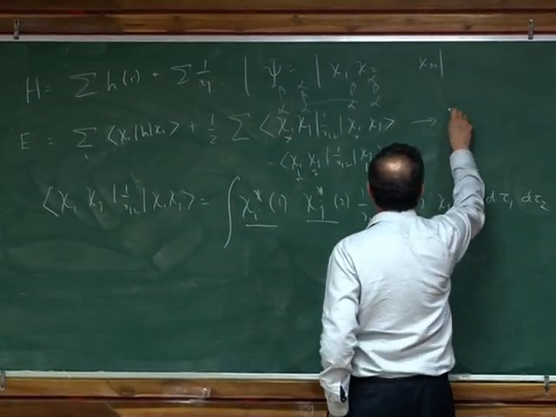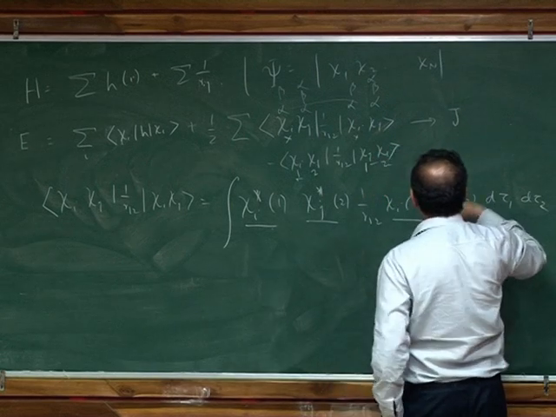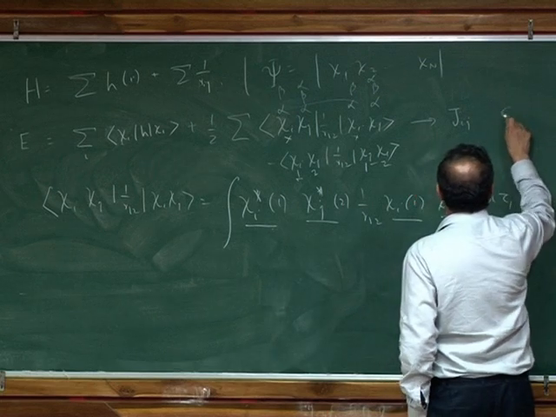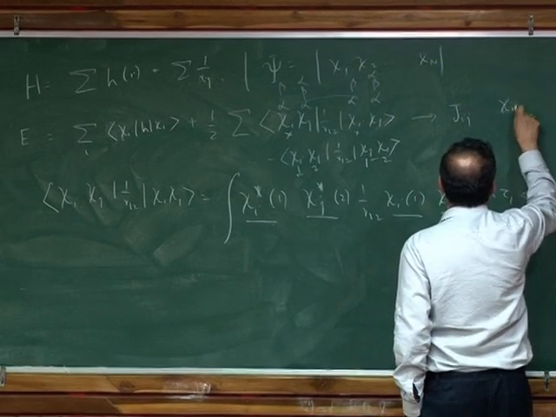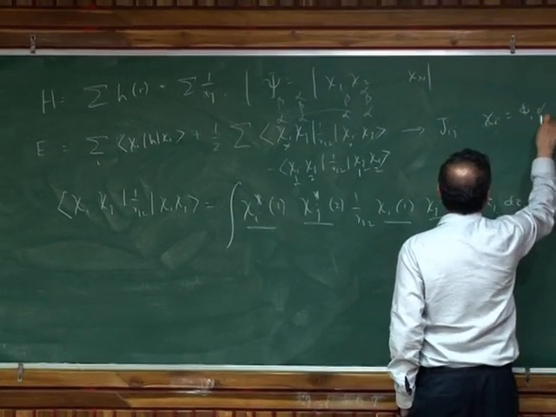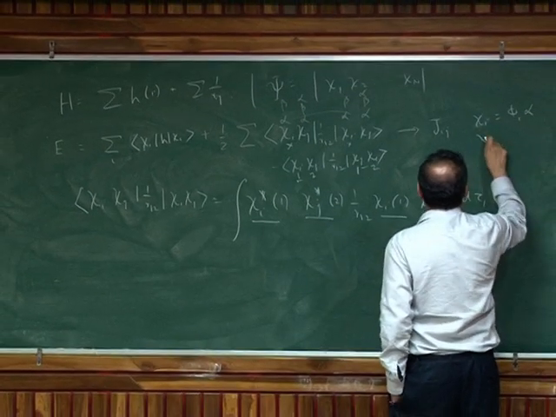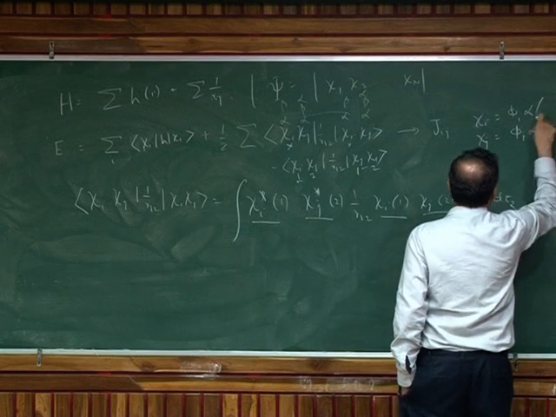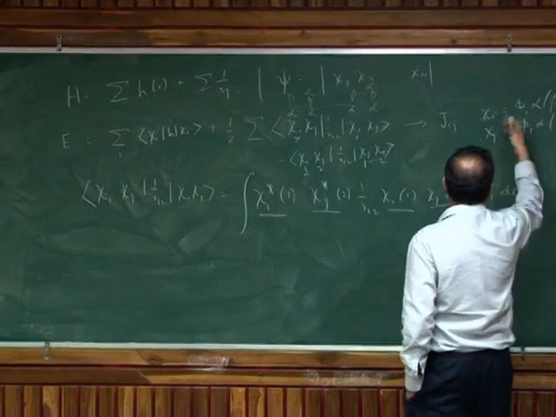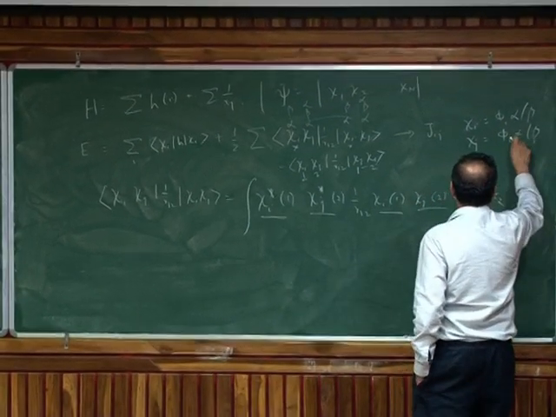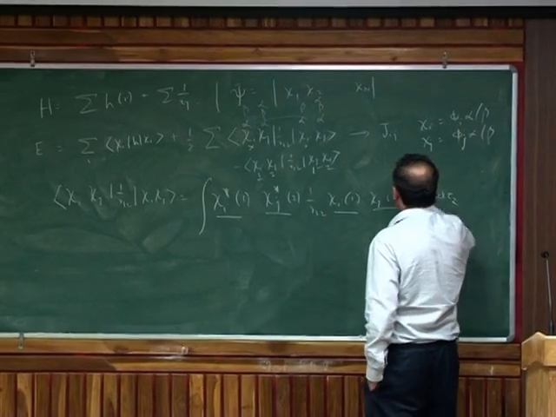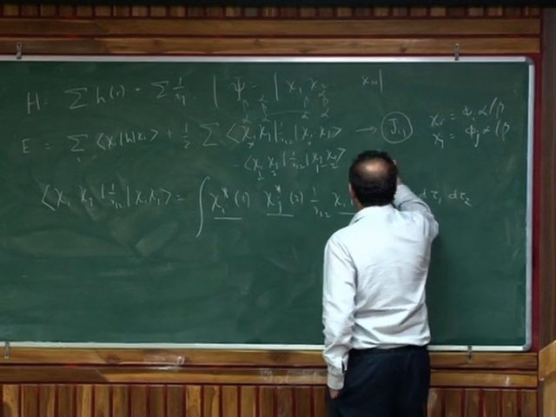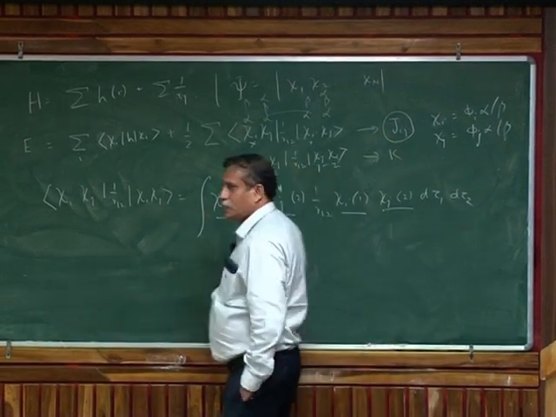If you do this spin integration in terms of space, it is called J_ij, where chi is phi_i alpha, and chi_j can be anything, phi_j alpha. This also can be beta, this also can be beta. So i and j are the spatial orbitals. In terms of spatial integral, this is called J, this is called K. This is a standard notation.